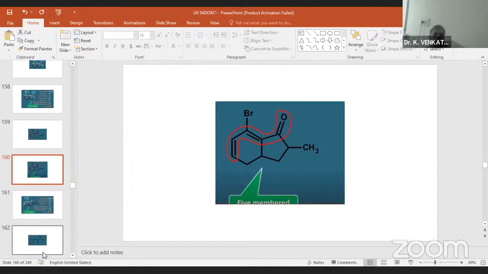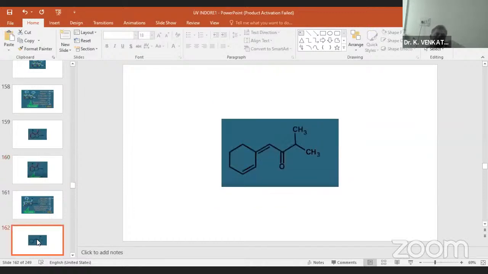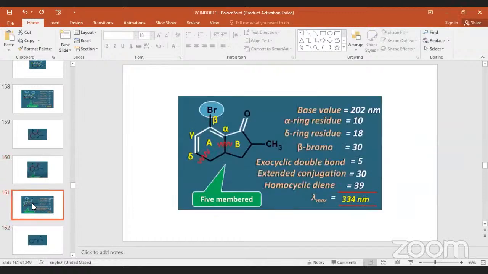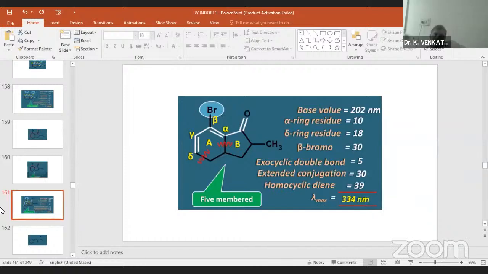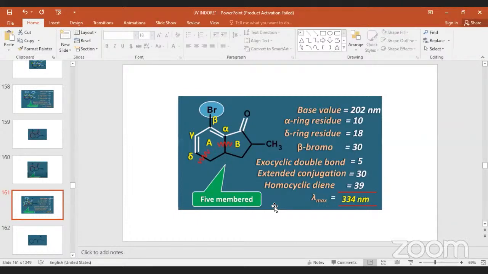So the ketone is present in a 5-membered ring. So 202, yes. So what is the answer, ma'am? 334. Any doubts? No doubts, sir.